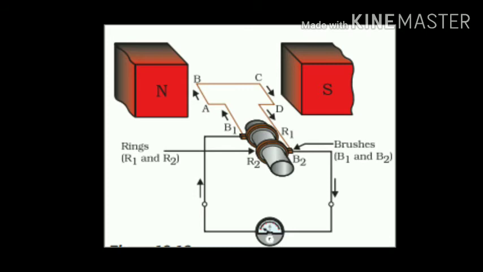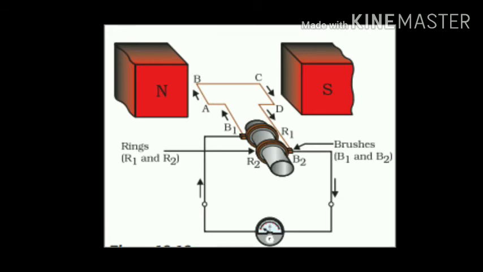Now R1 ring, which is a slip ring, is connected, means connected in the sense it is just brushing, or I can say just touching the brush B1, which is a copper brush. Similarly, ring R2 is just connected to a brush B2, and between R1 and R2 there is actually no connection. That is, rings R1 and R2, which are slip rings, have no connection, and there is an axle which is in between them.